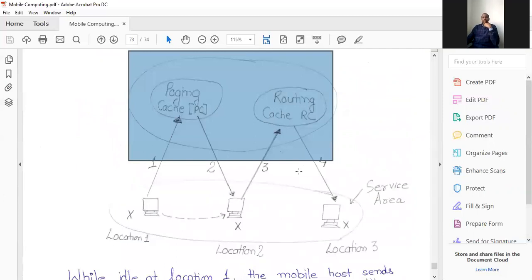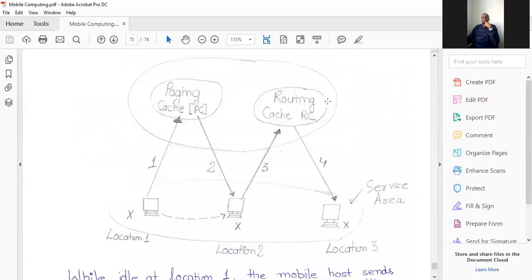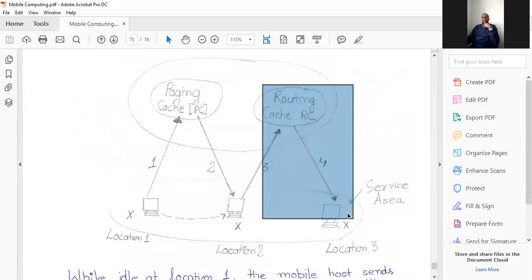Paging and routing. Paging keeps the addresses of mobile phones or mobile hosts that do not change network. Routing keeps or maps the addresses of mobile hosts that change location or change network.